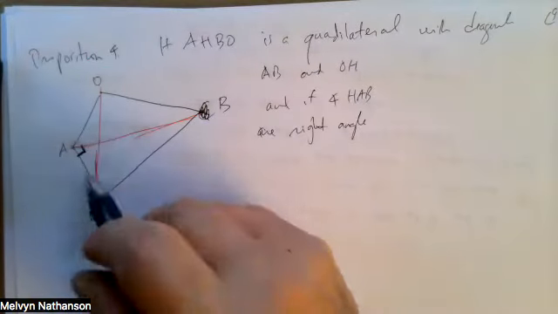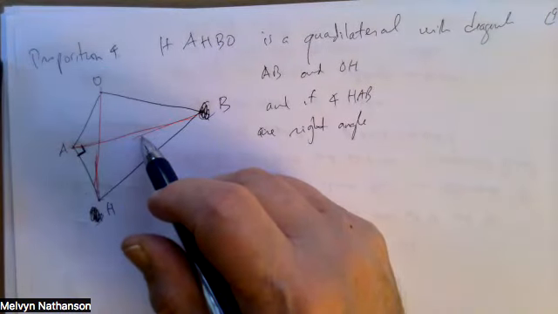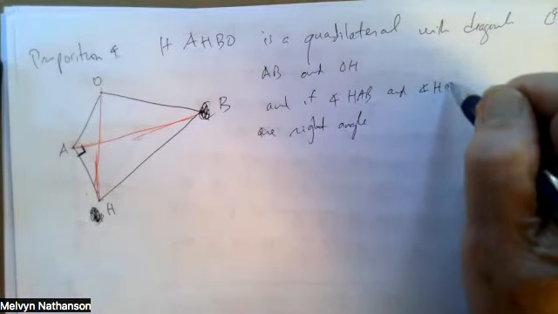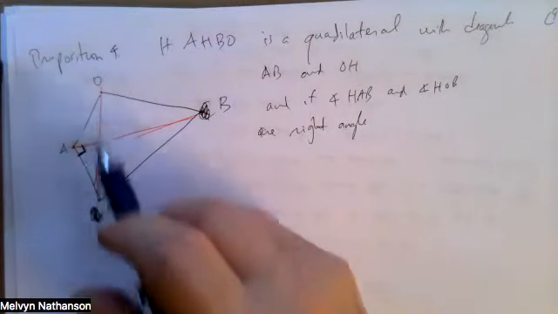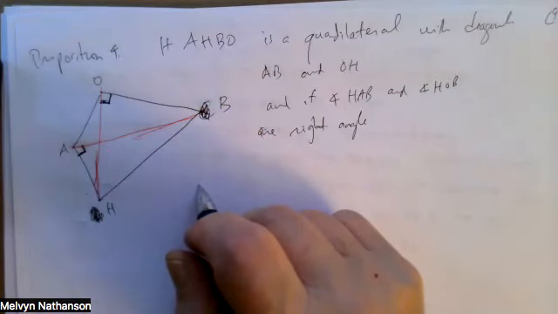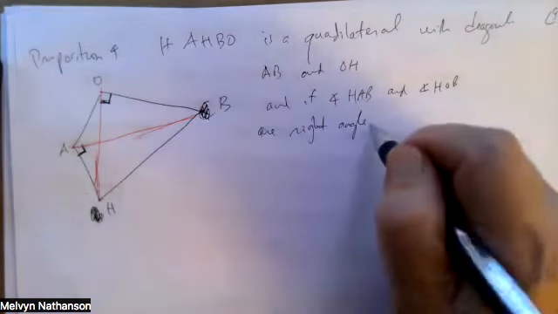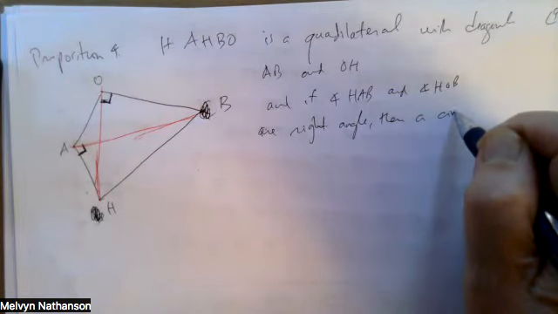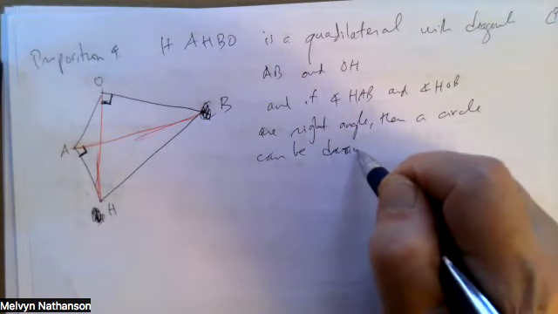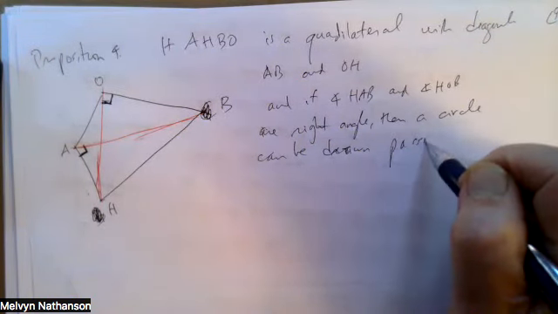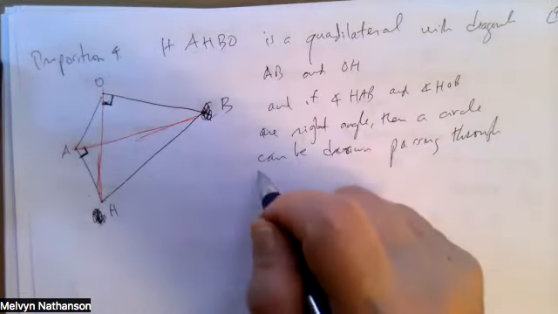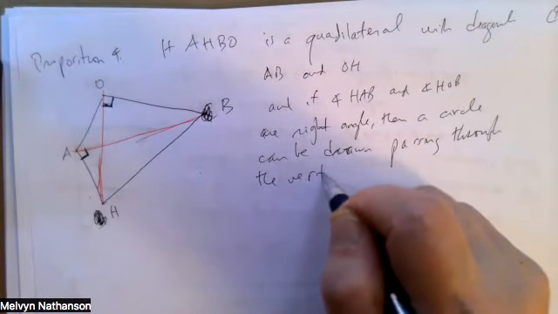So if HAB is a right angle, and HOB, if this is a right angle, then a circle can be drawn passing through the vertices of the quadrilateral.